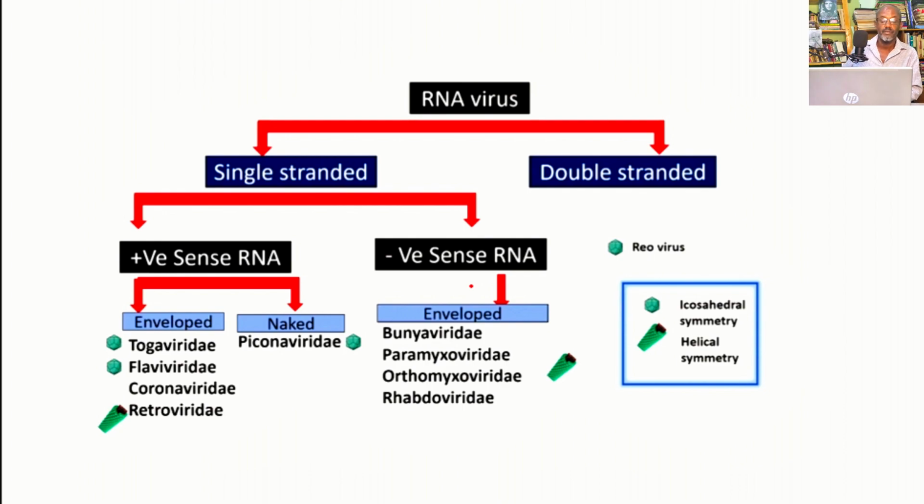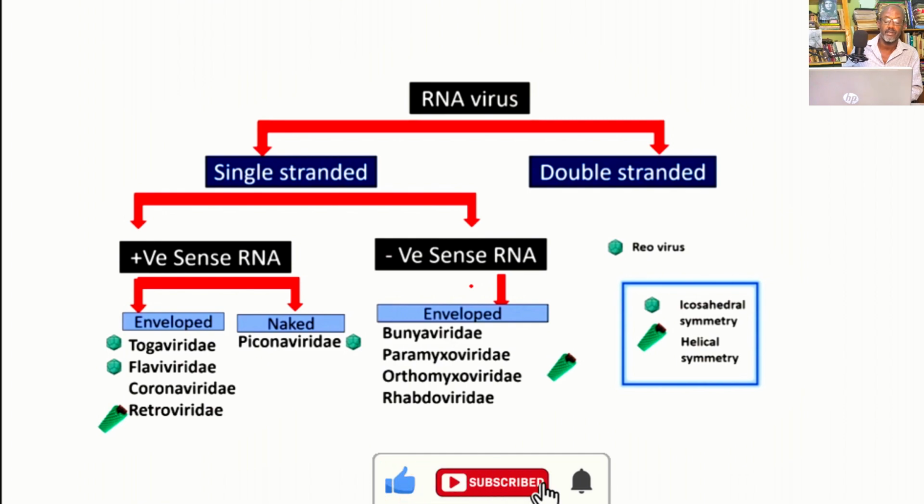Some viruses are given here. Positive sense RNA viruses, enveloped and naked: Togaviridae, Flaviviridae, Coronaviridae. Look, coronavirus, Coronaviridae, they are positive sense, single-stranded RNA. Retroviridae, retroviruses like HIV, are also positive sense, single-stranded RNA viruses.